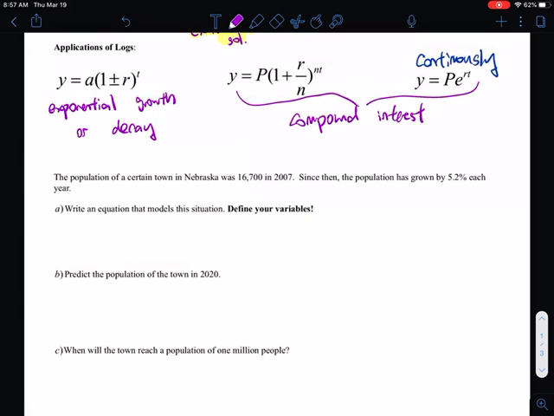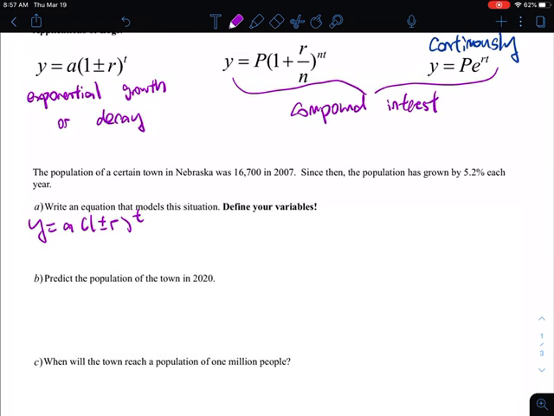Okay, so the population of a town was 16,700 in 2007, and then the population has grown by 5.2% each year. So in this case, we're going to have to use this formula because we're not dealing with compound interest. So y is equal to, remember a is our initial value. In this case, it's 16,700.